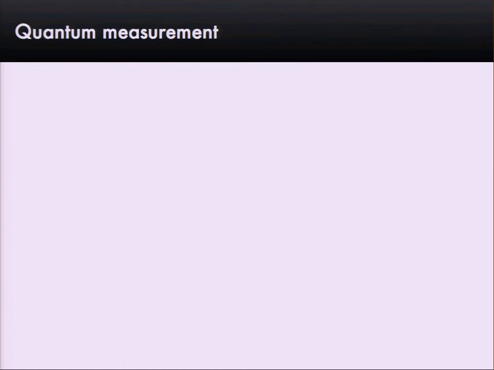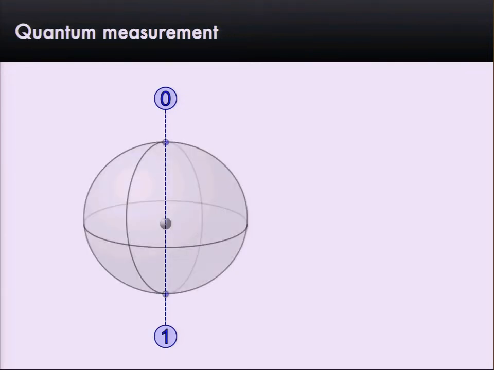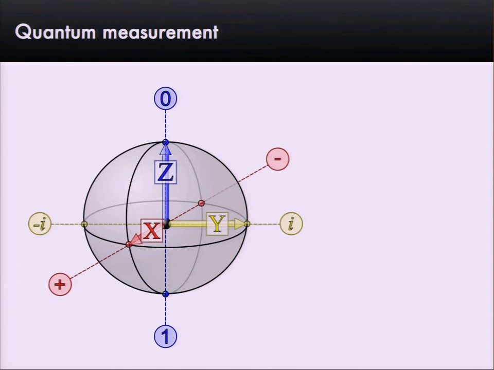So this is almost good enough, but now I need to spend a minute just to tell you about what quantum information actually looks like. So classical information, as you know, is either 0 or 1. And if you're not used to quantum computing, your conception of a qubit might be that it's in between 0 and 1 on a line. But that actually isn't true. It actually falls as a point on a sphere. And so in particular, you can see that on a sphere there are no privileged points, and there's also no privileged axis. So this is an arbitrarily chosen axis to line up with our classical 0 and 1.